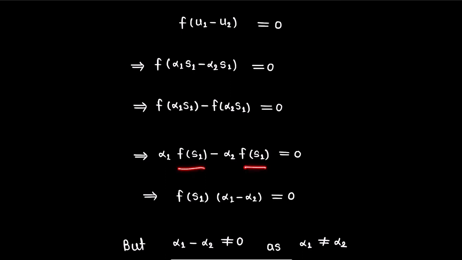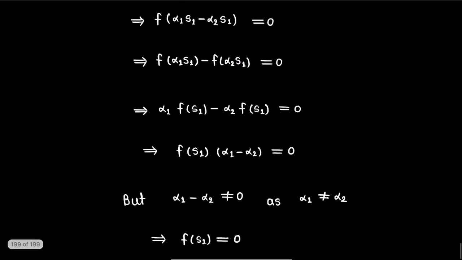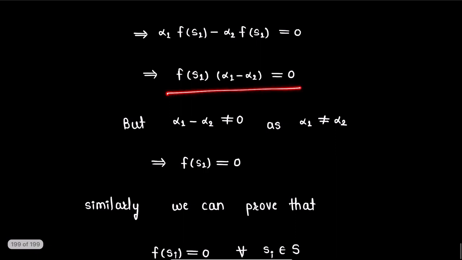Now taking f of S1 common, we can write this as f of S1 times alpha 1 minus alpha 2 is equal to 0. From this expression, we know that either f of S1 will be equal to 0 or alpha 1 minus alpha 2 will be equal to 0. But alpha 1 minus alpha 2 is not equal to 0, as alpha 1 is not equal to alpha 2.